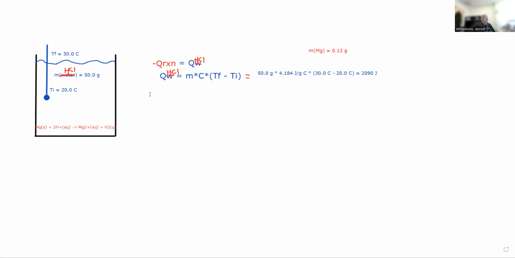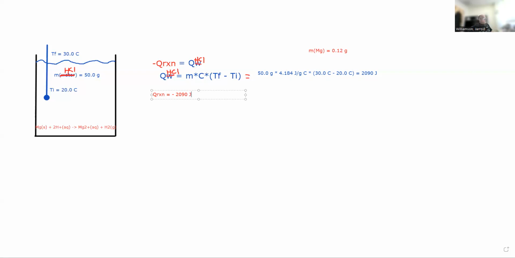And that means that Q reaction is going to be equal to negative 2090 joules. It's the same number of joules, just opposite in sign.